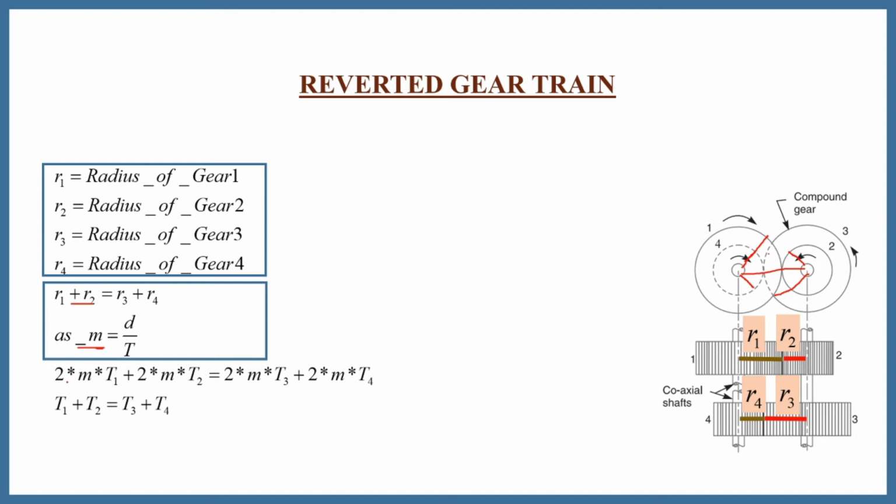That means it becomes 2 into t1 into m, just like this. And we can find out the number of teeth on each gear. If we know t1, t3 or t4, using this we can find out t2, like this. Any one value, the teeth on any one gear, we can find out using this equation.